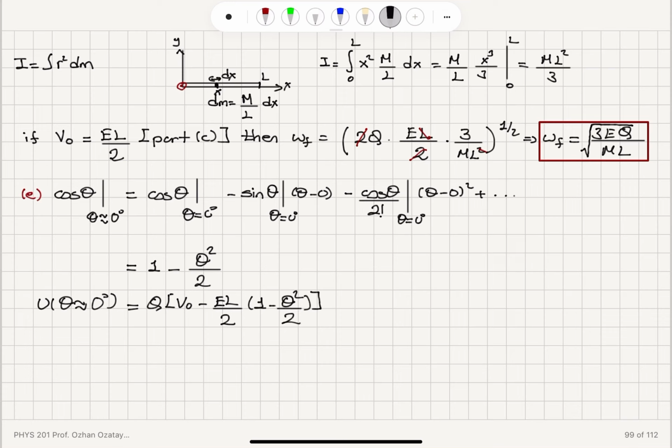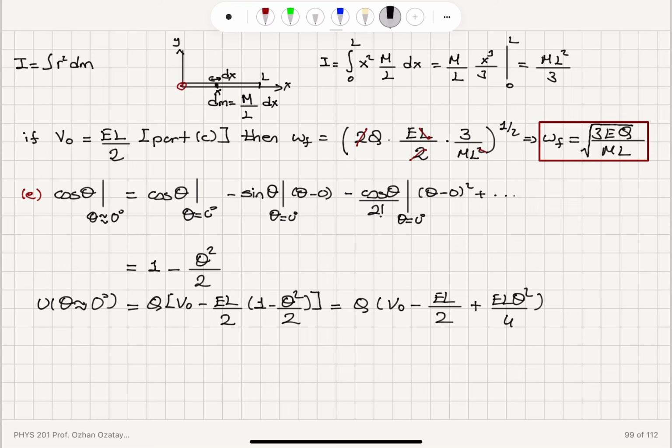This gives me Q times V0 minus EL over 2, plus EL theta squared divided by 4. That's the potential energy around theta equal to 0.